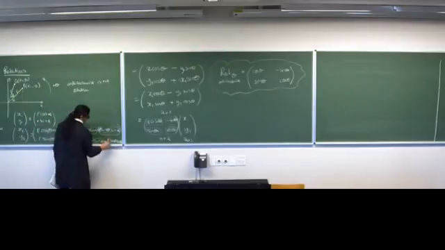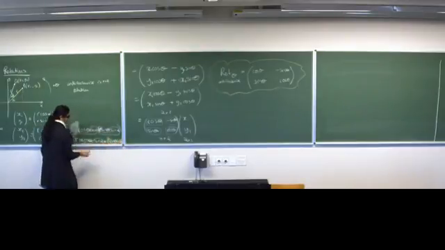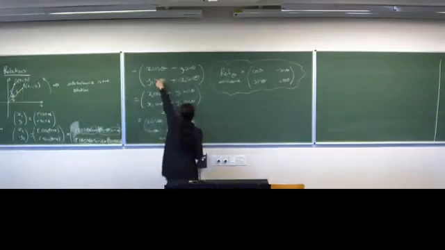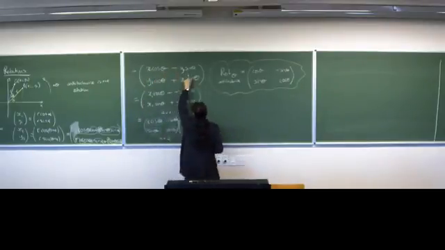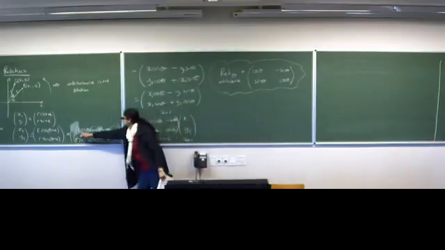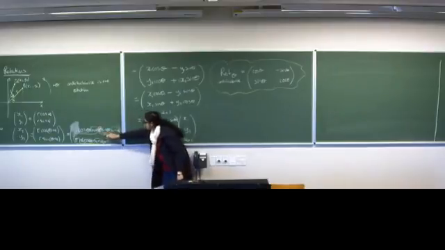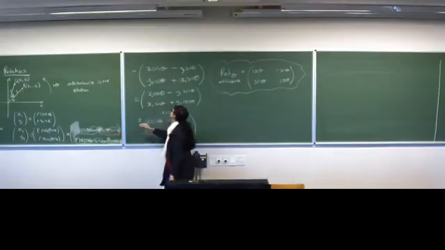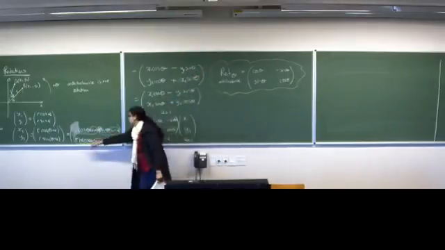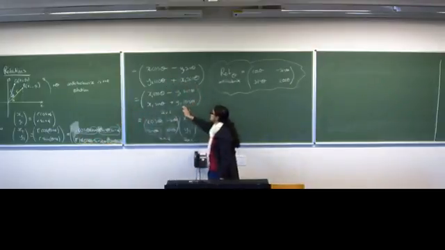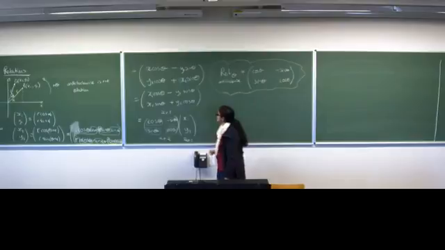So you get x1 cos theta minus y1 sine theta, this is still a 2 by 1 matrix, and then y1 cos theta plus x1 sine theta. All I did was rearrange it because it's a plus sign. I can do that.